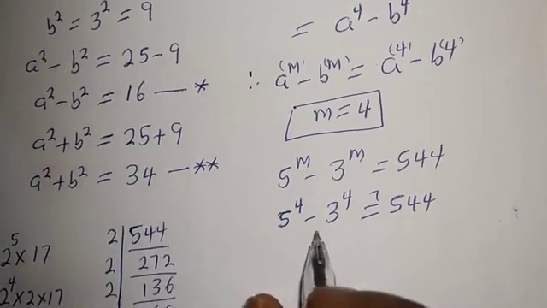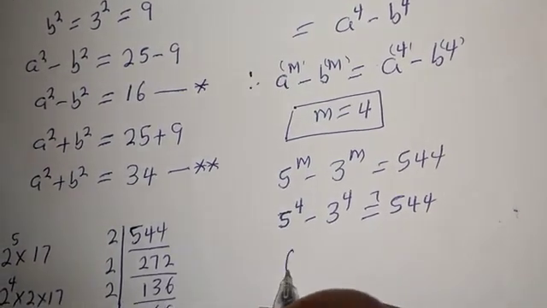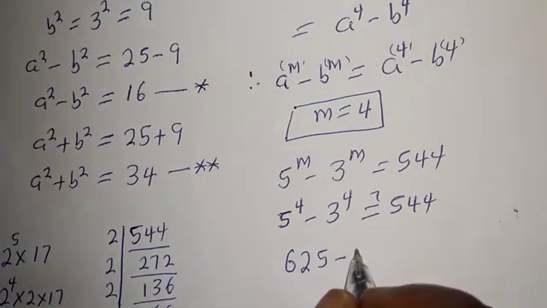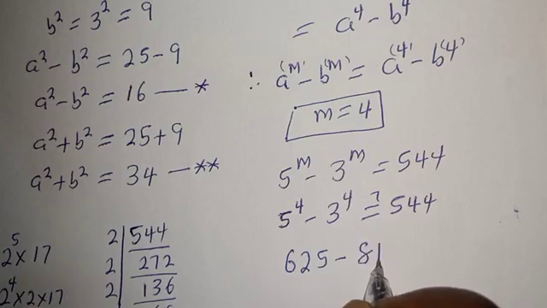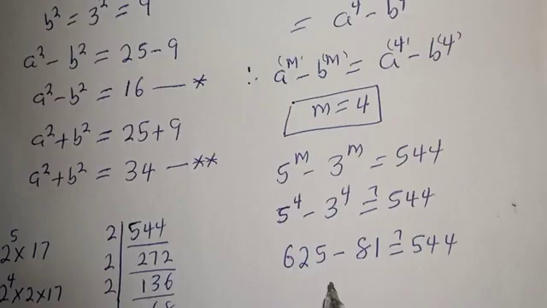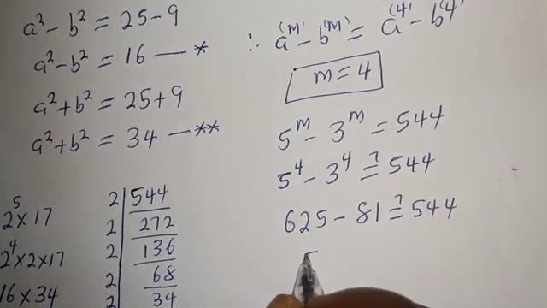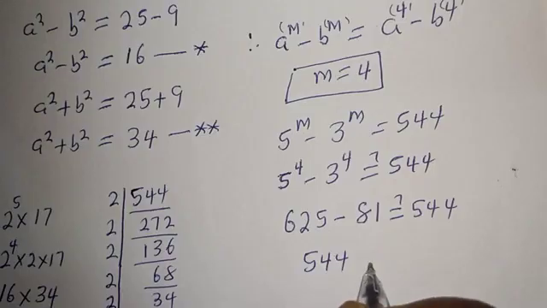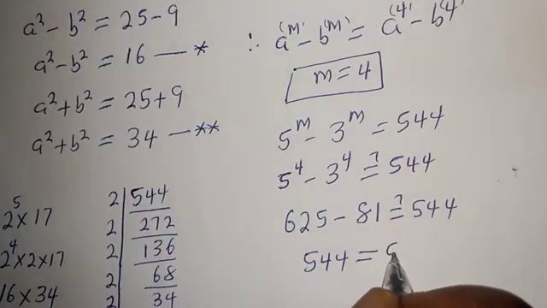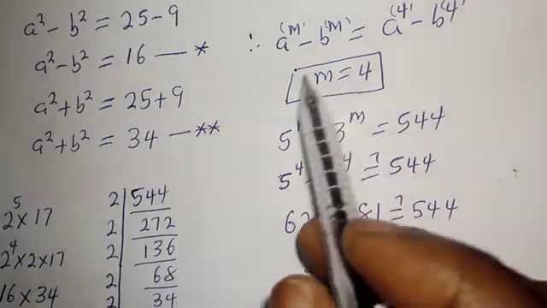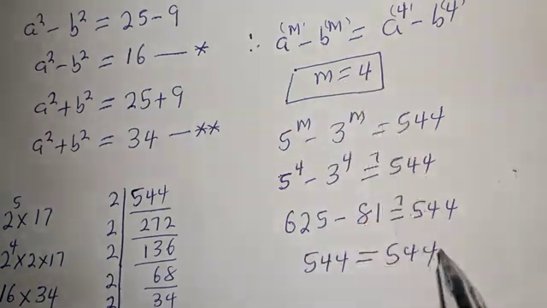Now 5 raised to power 4 is 625 minus 3 raised to power 4 is 81, must be equal to 544. Now let's see, 625 minus 81, this is 544, is equal to 544, which satisfies the given equation at m is equal to 4.